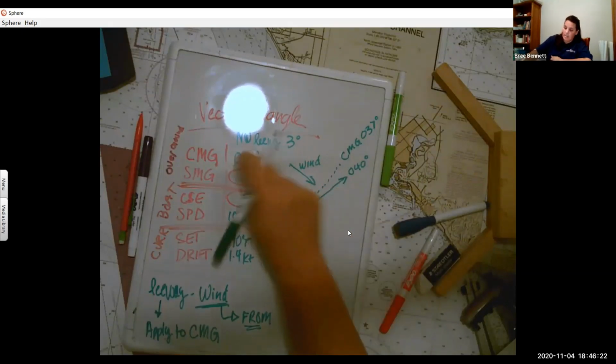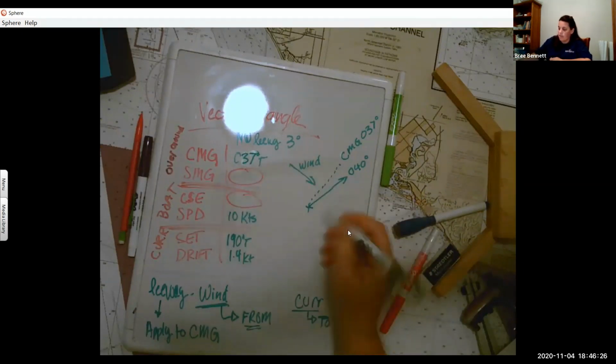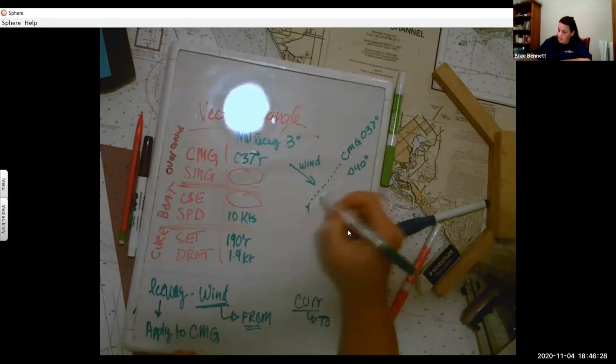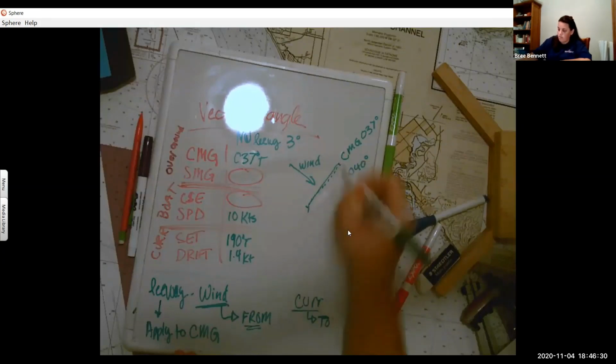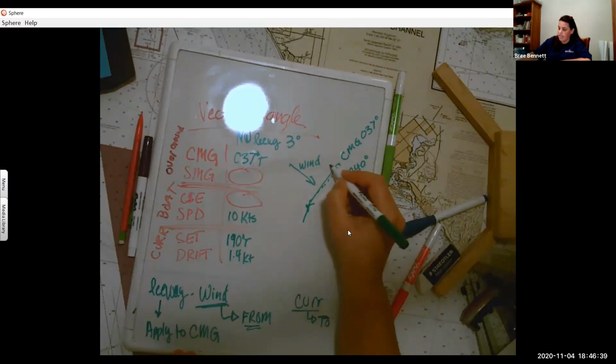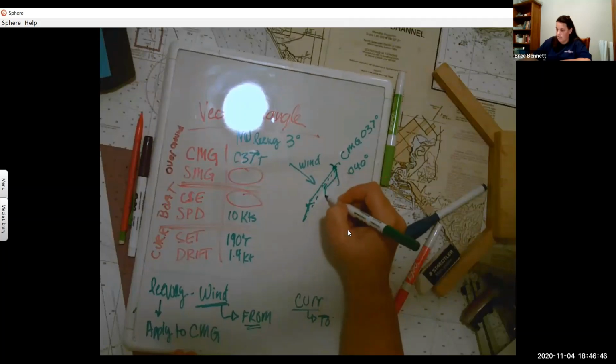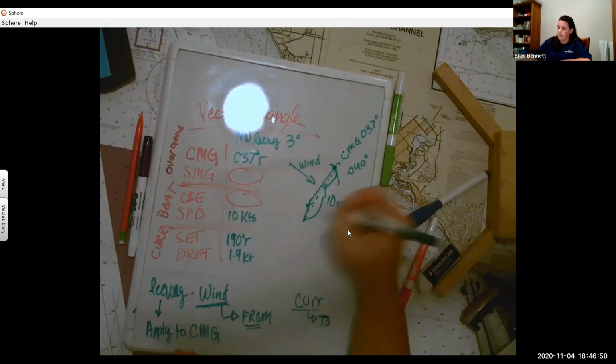So we change that to 037, and then we go to our radar plotting sheet, and we swing our arc for 10 knots. We know that this is 10 nautical miles. Then we can get our made good line.